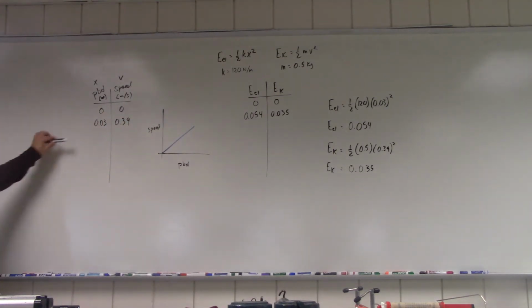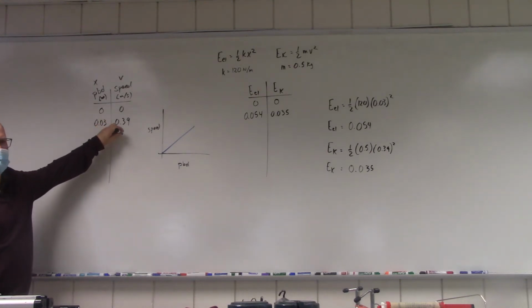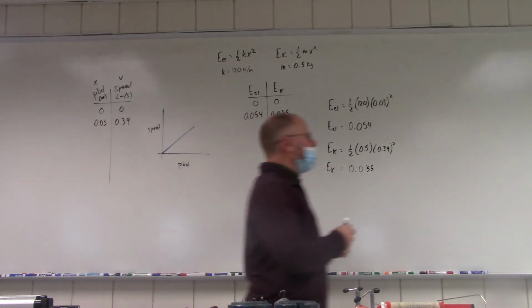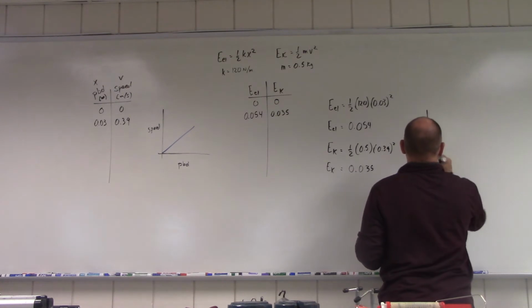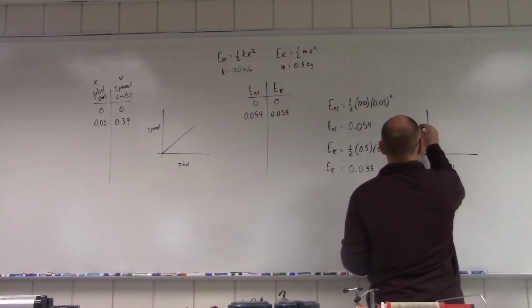Cool. And then the next row would be 0.06, and I think it was 0.75 or something like that. And you just plug and plug and plug, and then you get this, and you graph this, and we're going to see what happens over here. Now, what's cool about this, okay? This is the elastic energy you put in, and this is the kinetic energy you put out.